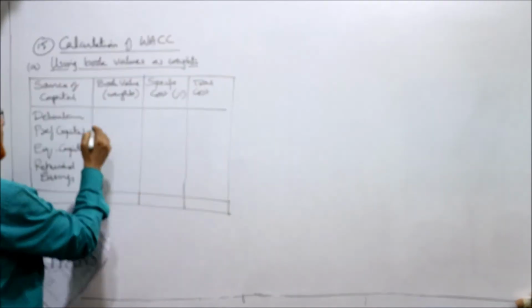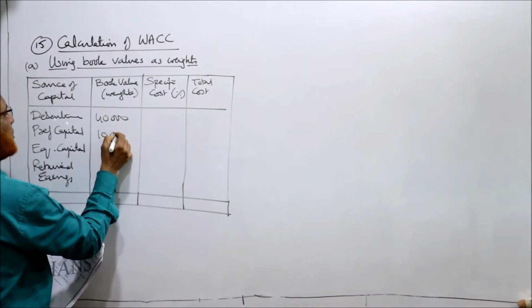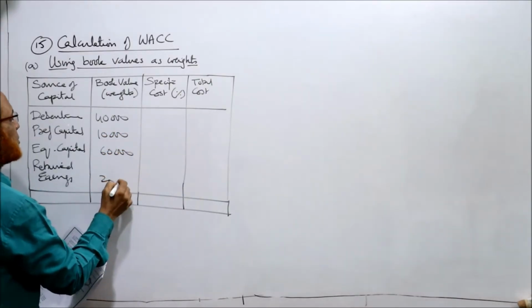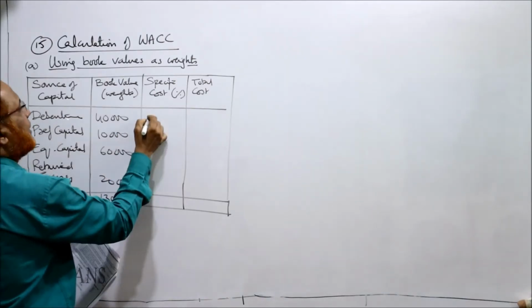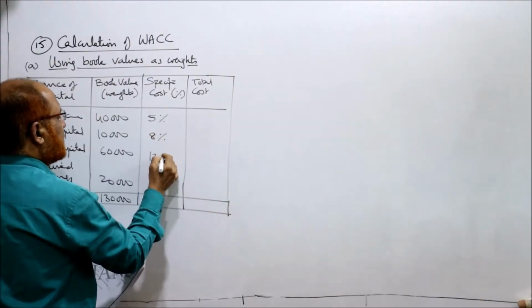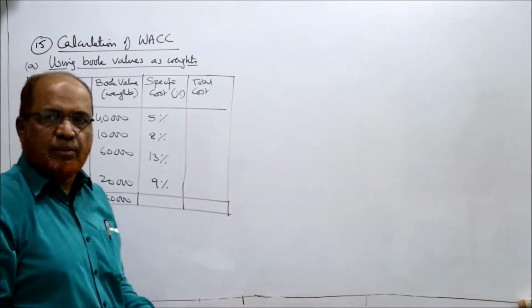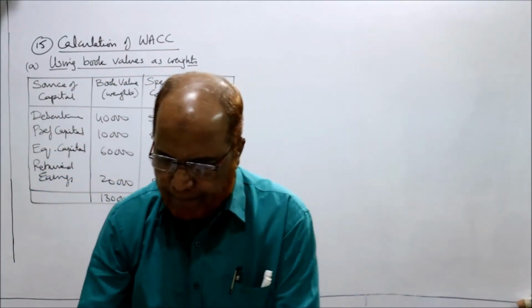The book values are given as 40,000, 10,000, 60,000, last one 20,000. Total is 1,30,000 given in the problem. Here it is 5%, 8%, 13% and 9%. These are the specific costs given in the problem. Now we multiply.